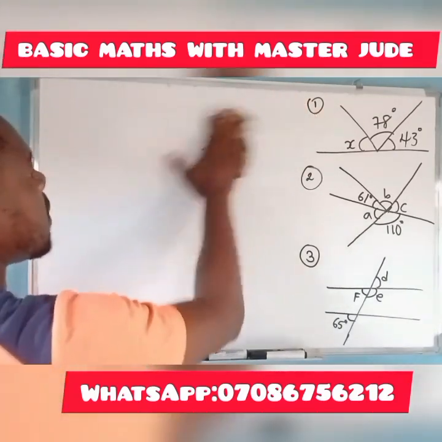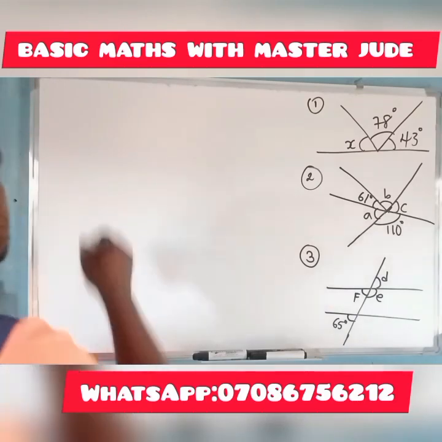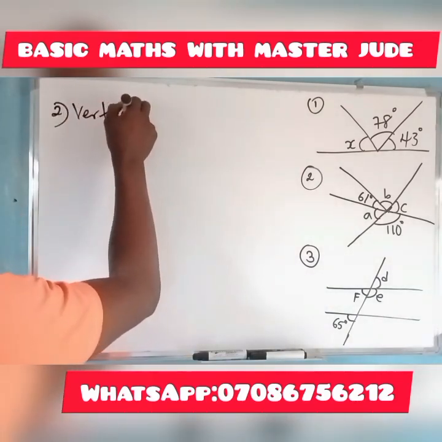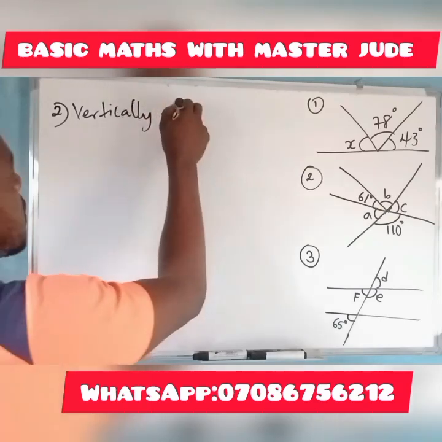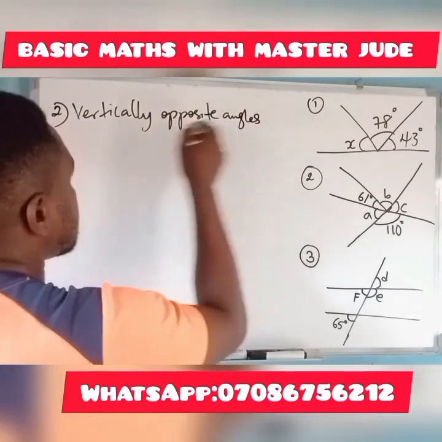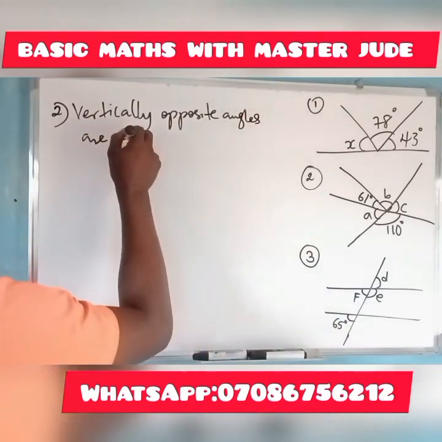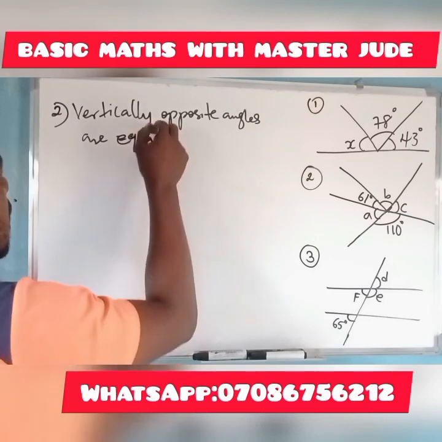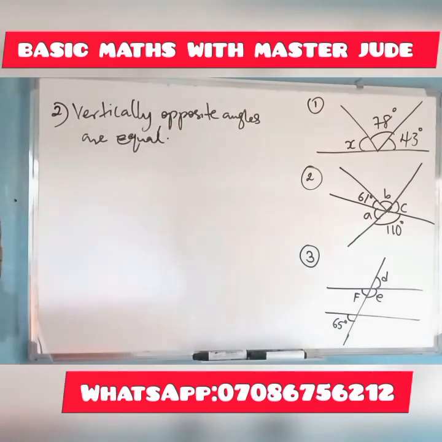The second property says that vertically opposite angles are equal. Vertically opposite angles are what? Equal. Now watch.